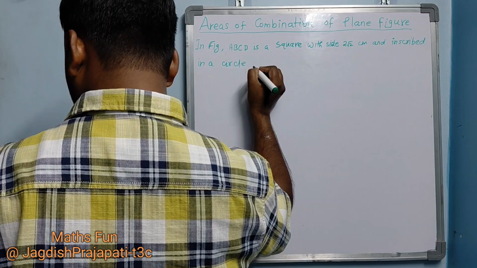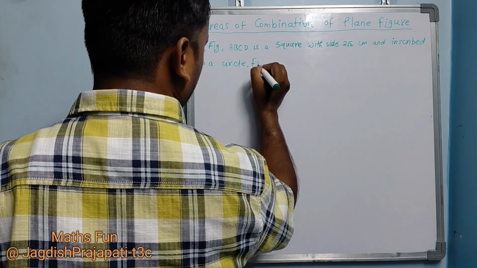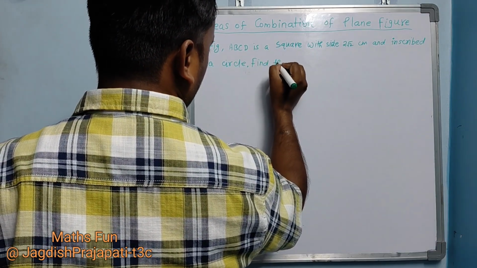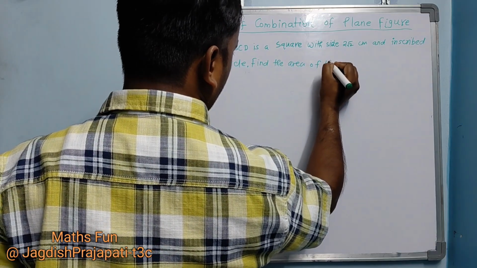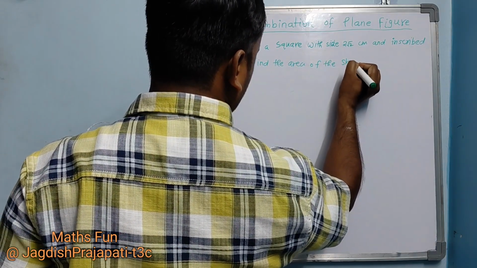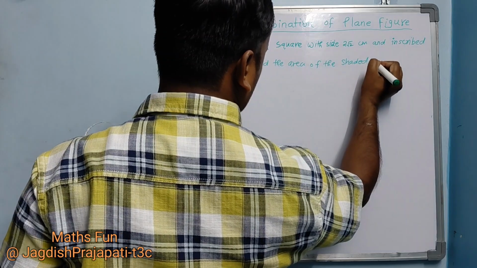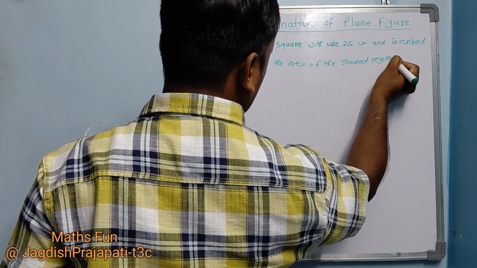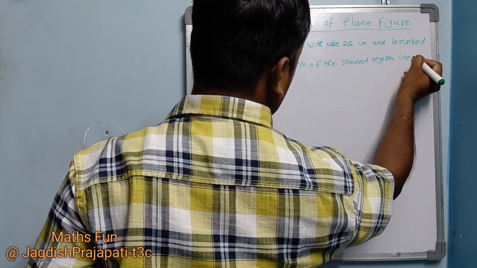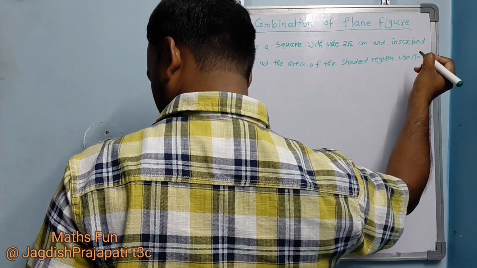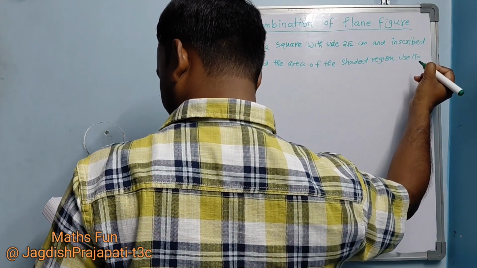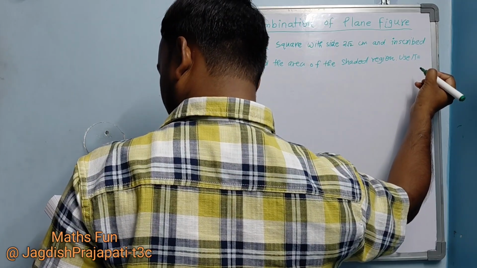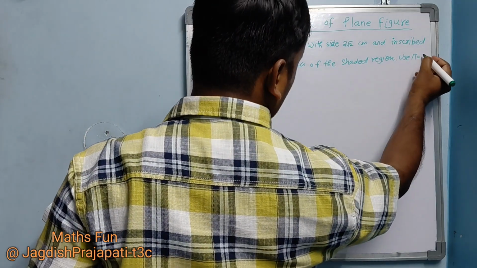Find the area of the shaded region. Use pi equal to 3.14.